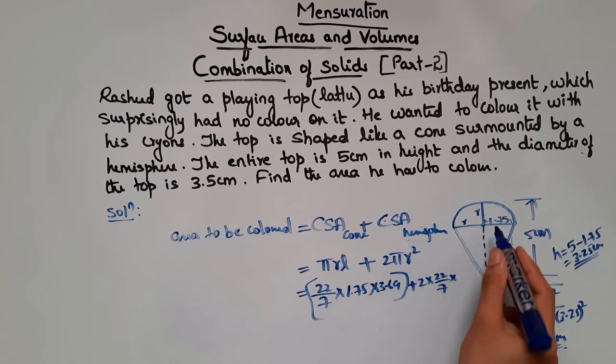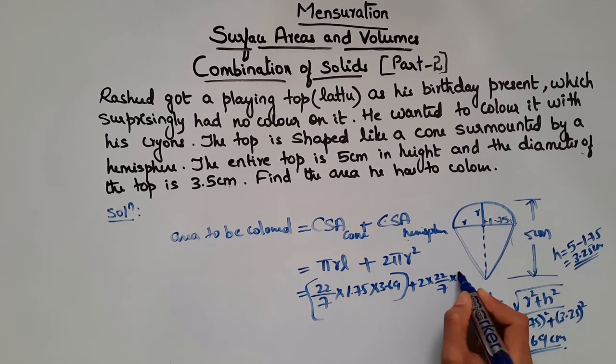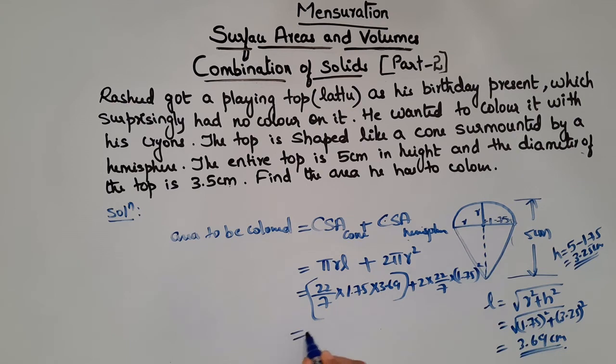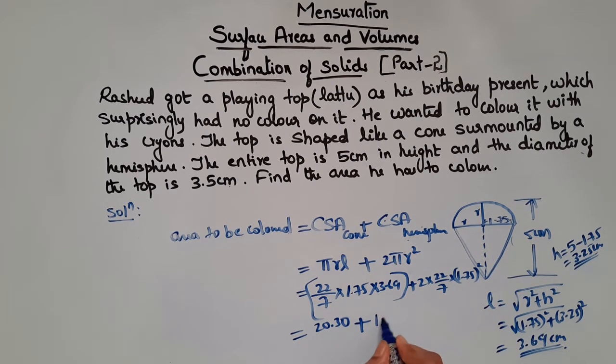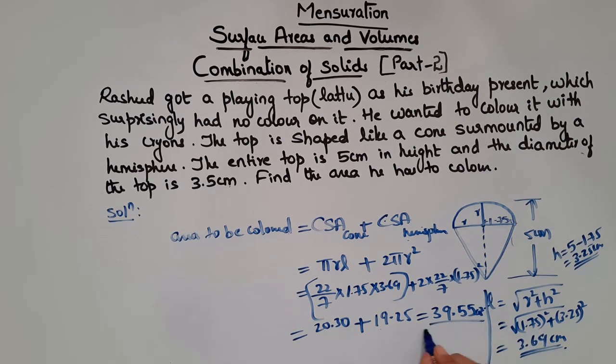R is the radius of the hemisphere. So the radius of the hemisphere is 1.75 whole square, which, when you simplify, will give you 20.30 plus, when you simplify this, will give you 19.25. So when you add these two terms, this will give you 39.55. So the area is 39.55 square centimeter.